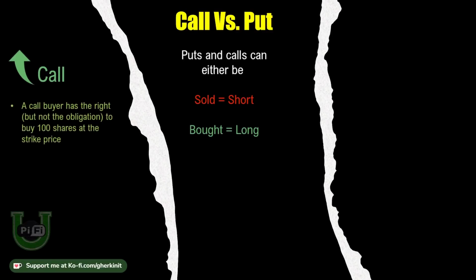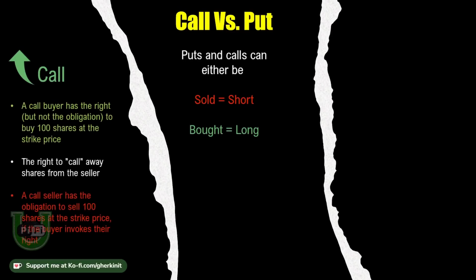A call buyer has the right, but again, not the obligation, to buy 100 shares at the strike price. They have the right to call away or take back shares from the seller. A call seller has the obligation to sell 100 shares at the strike price if the buyer invokes their right.